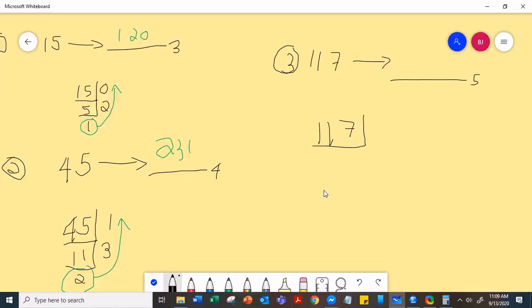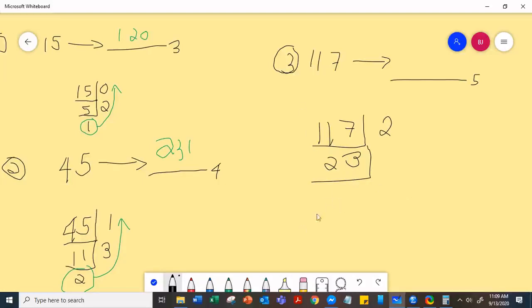How many 5s are there? 20 times 5 is 100. So 23, with a remainder of 2, because 23 times 5 is 115 plus 2 is 117.